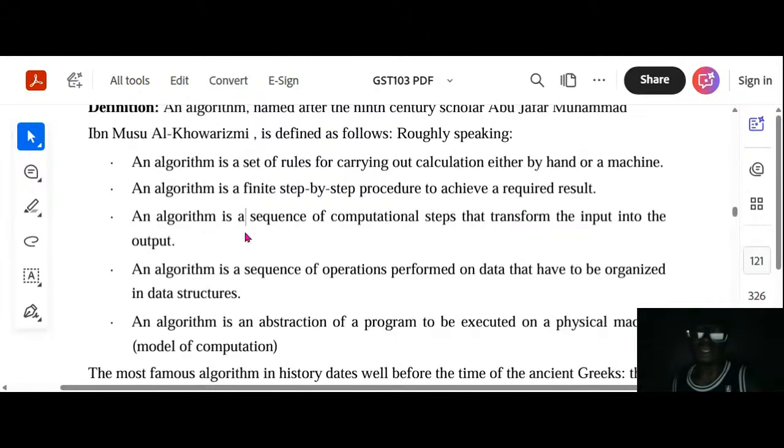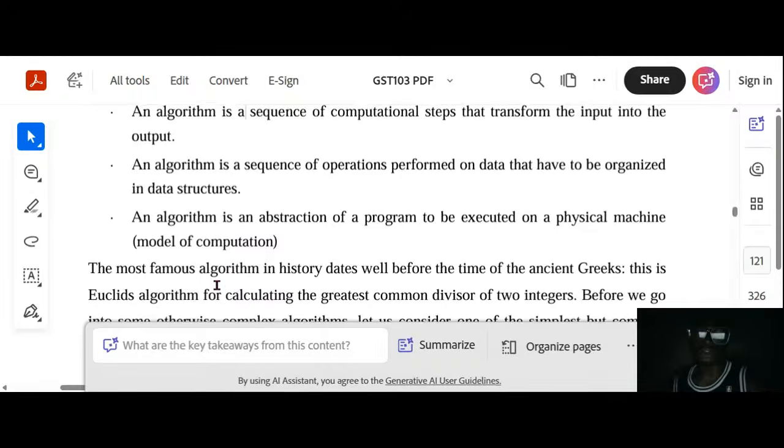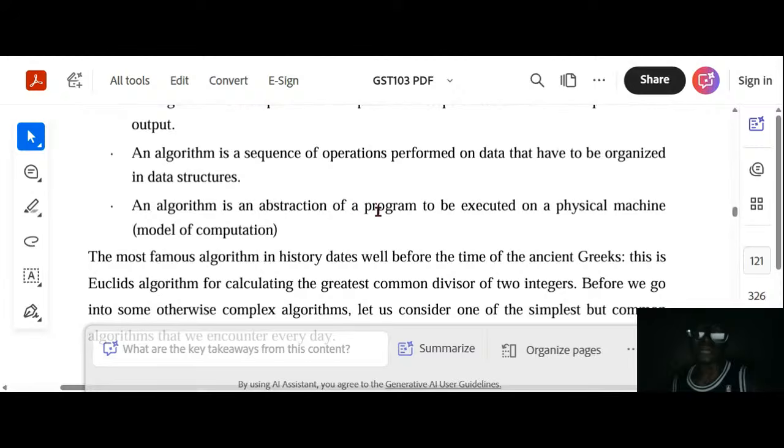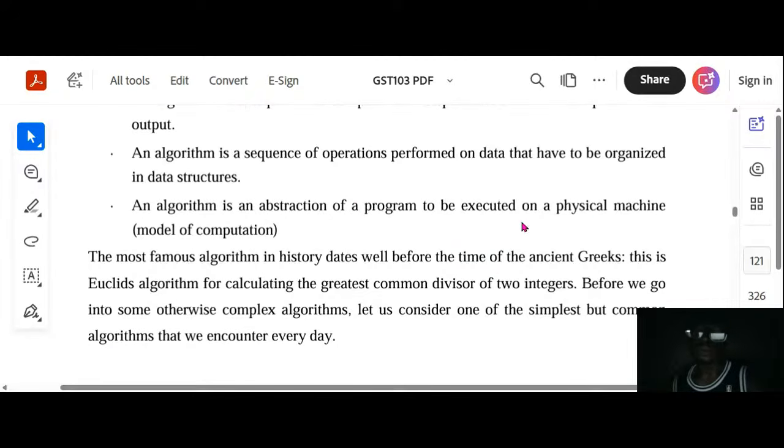An algorithm is a sequence of computational steps that transform the input into output. An algorithm is a sequence of operations performed on data that have to be organized in data structures. An algorithm is an abstraction of a program to be executed on a physical machine model of computation.